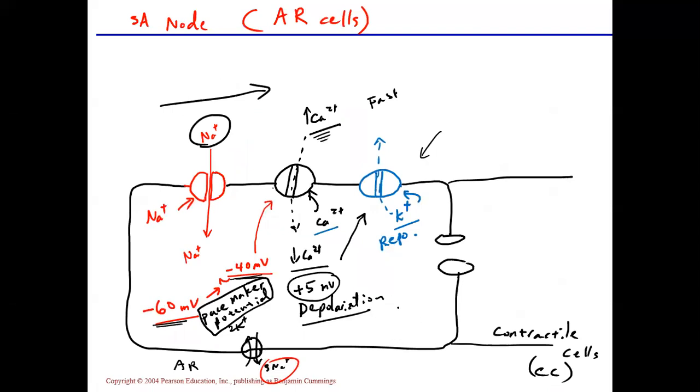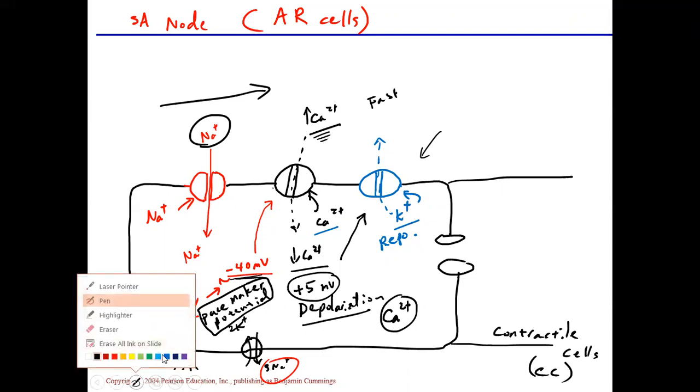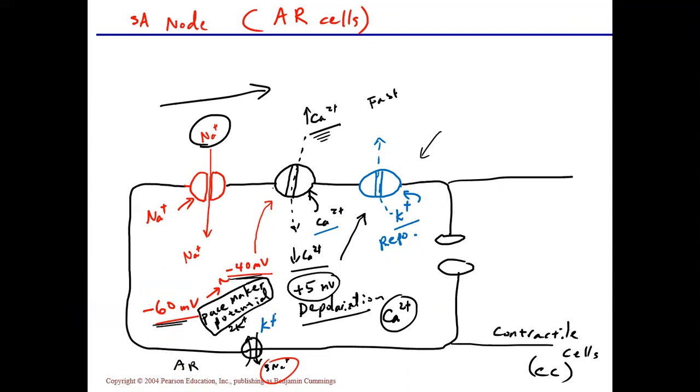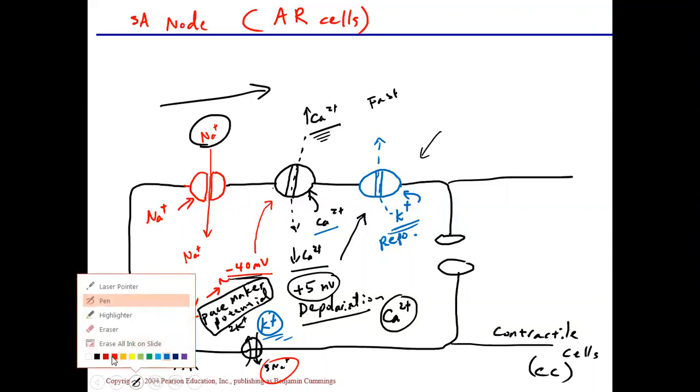All right, now what? Well, now you have some calcium that came in, which is positive. Due to the sodium-potassium pump, there is also some potassium inside too. Not all the potassium is leaving. There is some potassium inside too. Because of the sodium entry, there is also some sodium inside of it.